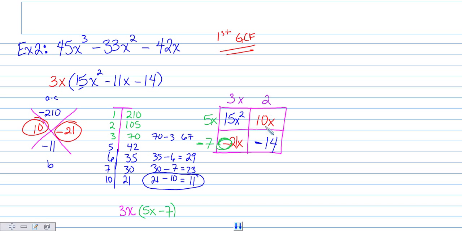And that's a 2. Okay, they don't both have an x. And then what kind of 10 is this? It's a positive, so this is a positive. Okay? And 2 times 7 is 14, or 2 times negative 7 is negative 14, however you want to look at it. So our last factor must be 3x plus 2.